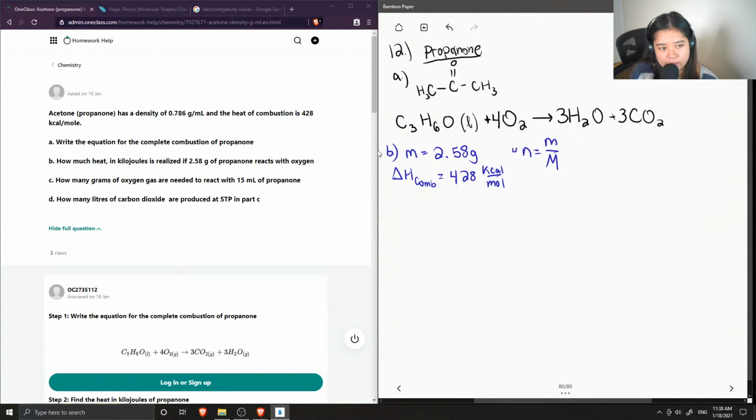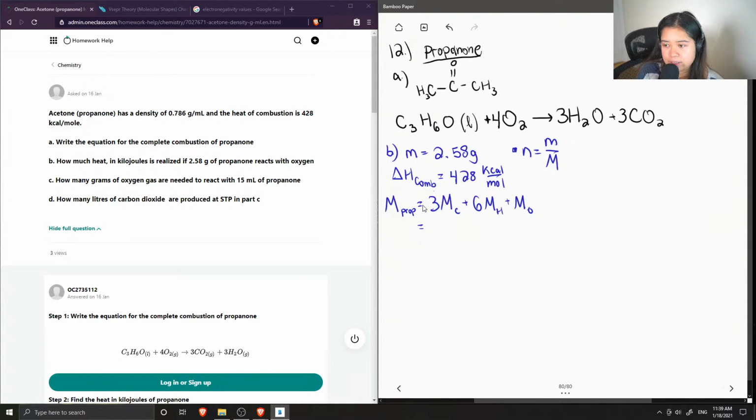So to find the number of moles, we need to first find the molar mass of propanone. So we can do that down here. We know that the molar mass is going to be 3 times the molar mass of carbon plus 6 times the molar mass of hydrogen plus just the molar mass of oxygen.